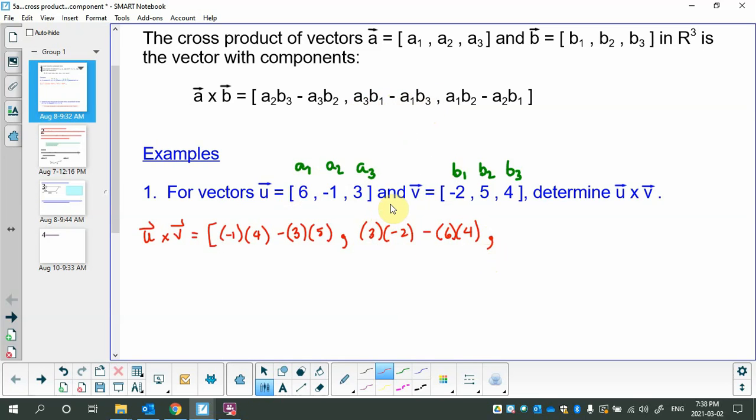Last piece of this formula, the first A multiplied by the second B, subtract the second A multiplied by the first B.